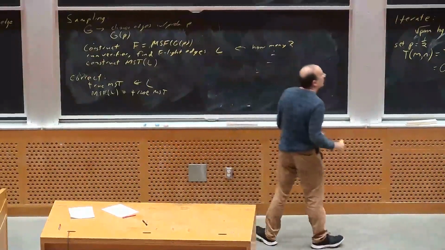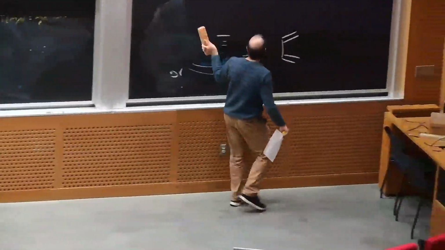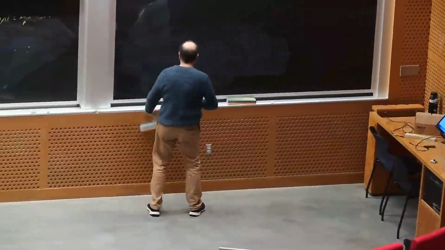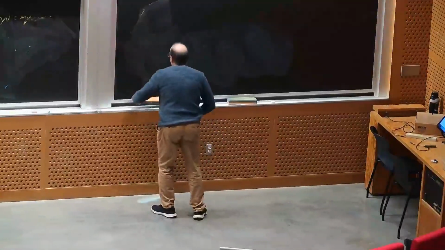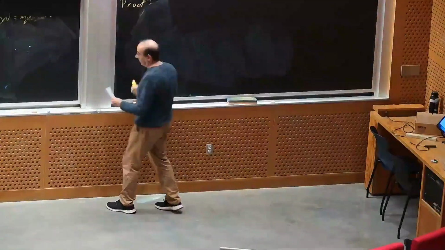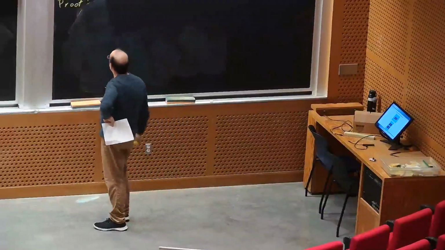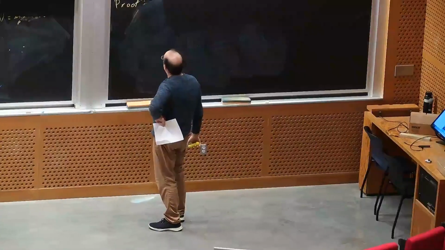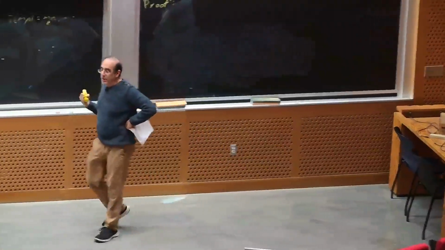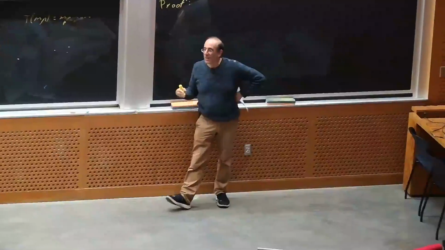All right. So let's prove the sampling theorem, because the proof is very, very pretty. The proof of the sampling theorem is a beautiful example of the principle of deferred decisions, which we've used often already.